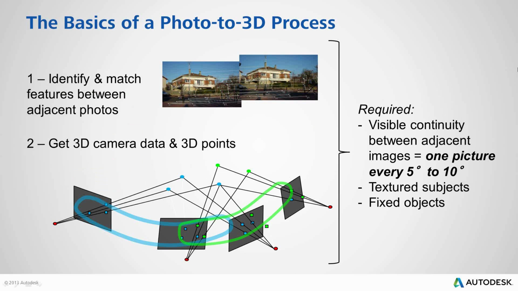For example, in these two photos on top here, I would say that this corner of the window is the same as this corner of the window on the other picture. So we will find and match hundreds of corresponding 2D points in adjacent photos.